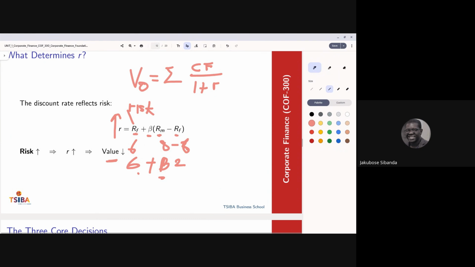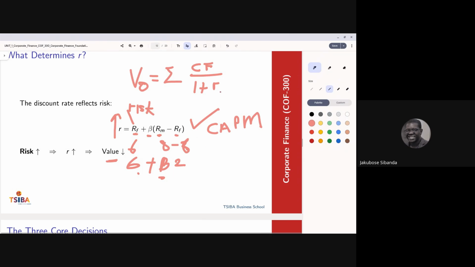If a company has less than one, it means the market is more risky compared to the company, right? So you can then substitute and get your R. We're going to do this when we get to CAPM, the capital asset pricing model, which is unit 5. But that's how you determine R.